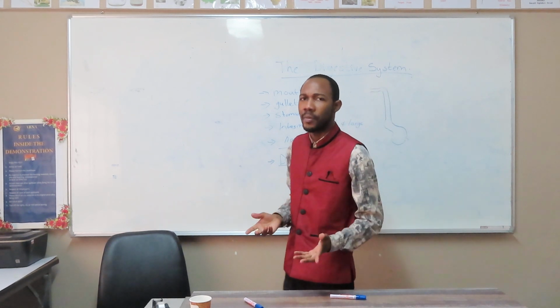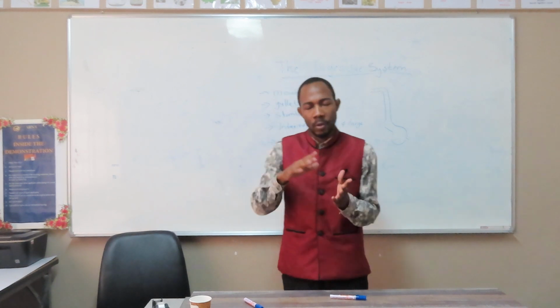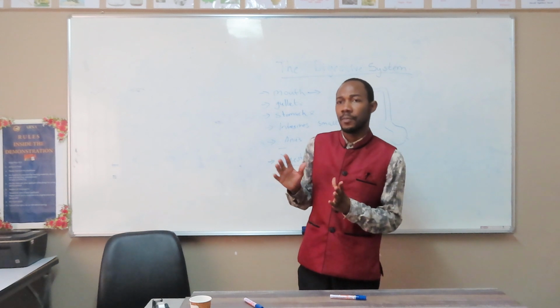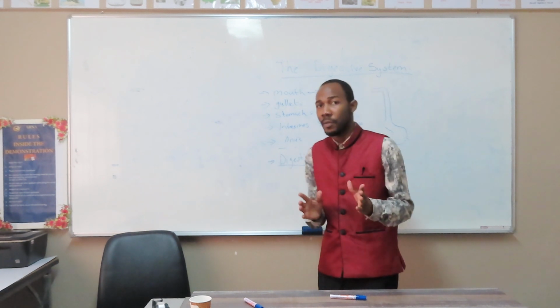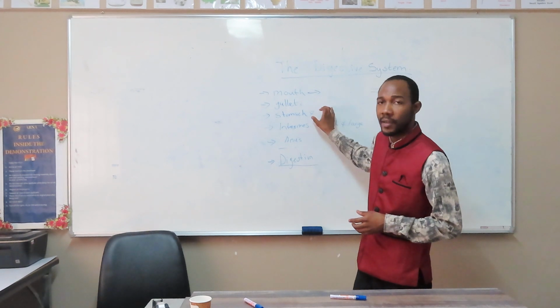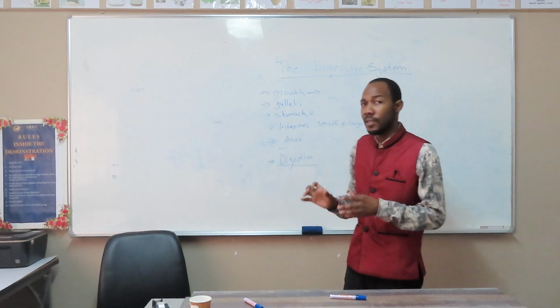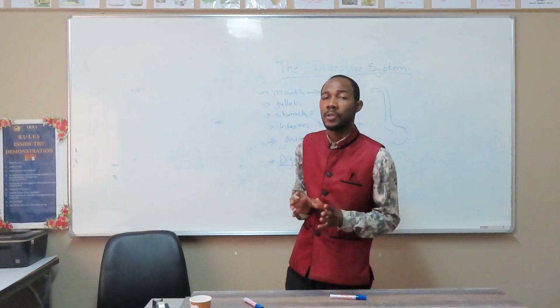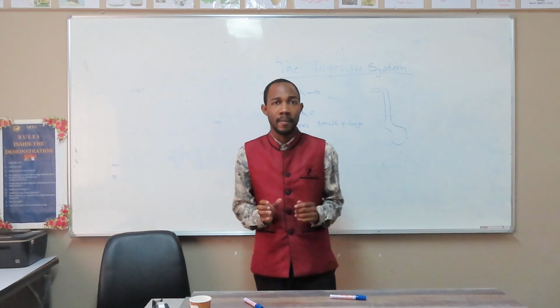So what happens in the stomach is, the whole digestive system is continuing from the mouth all the way to the stomach. So the stomach now, it's going to secrete some gastric juices. So these gastric juices are going to help to break down the food again. But now we call this chemical digestion.